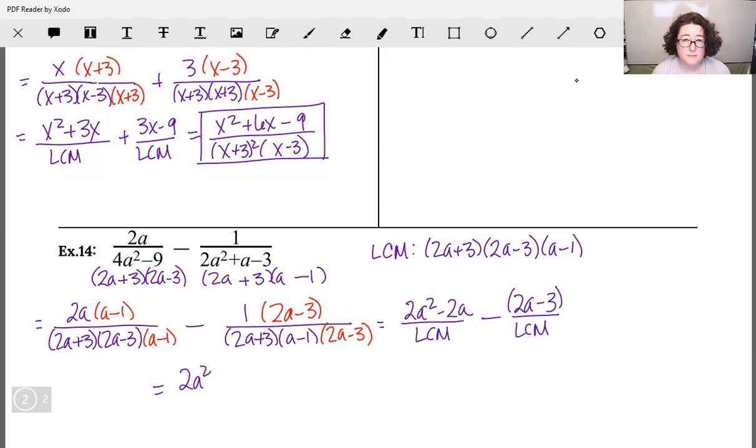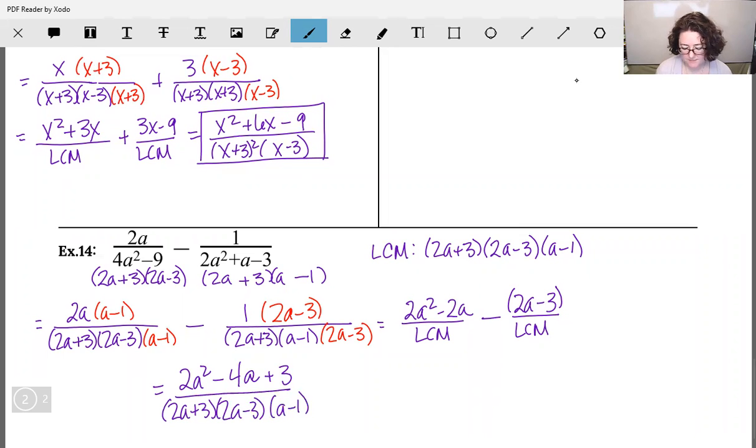So negative 2a minus 2a really is negative 4a. And then we're subtracting a negative 3, which is really plus 3. All over our LCM, which is 2a plus 3, 2a minus 3, and a minus 1.